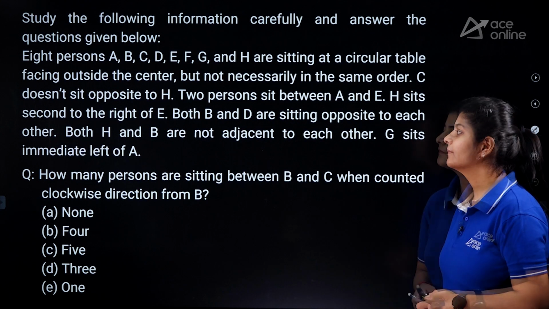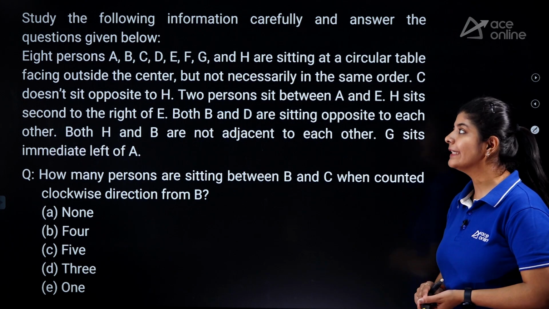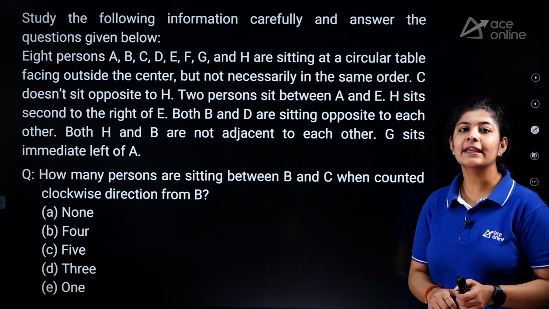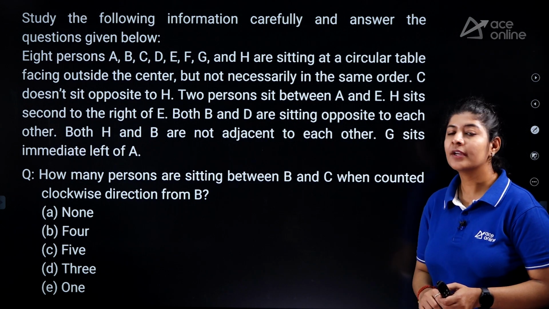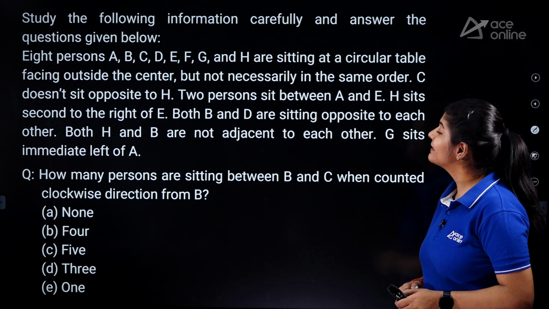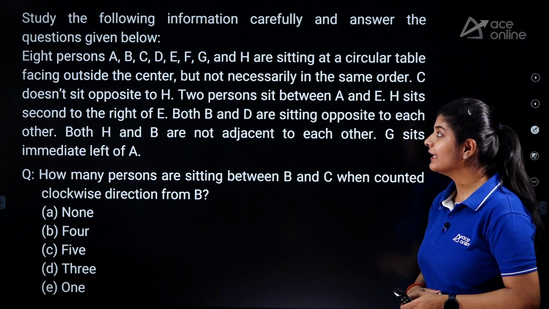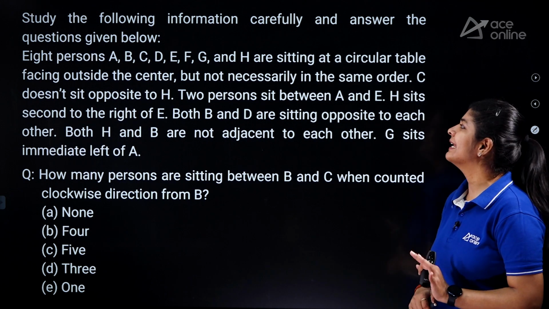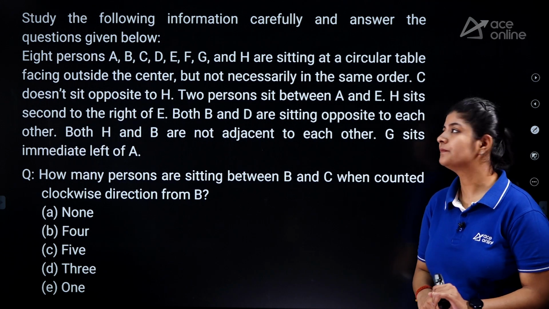Here we have 8 persons named A, B, C, D, E, F, G and H. They all are sitting at a circular table facing outside the center, but not necessarily in the same order.